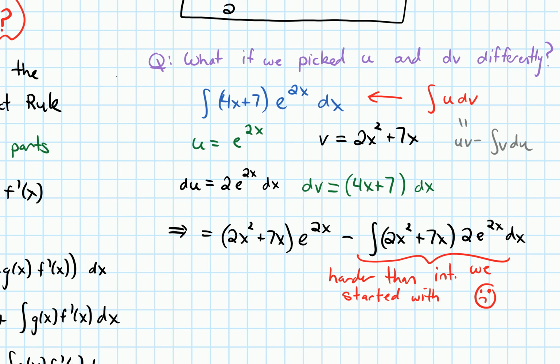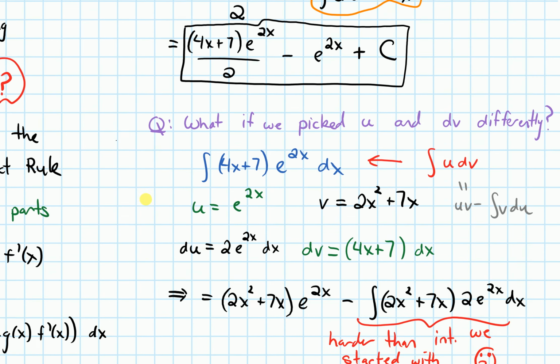And intuitively, this happened because if I let dv be this linear part, when I do the antiderivative, that's going to give me a quadratic thing. And the quadratic thing ended up being in my integral with that exponential, and that made my integral harder.